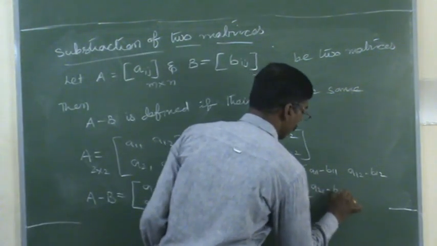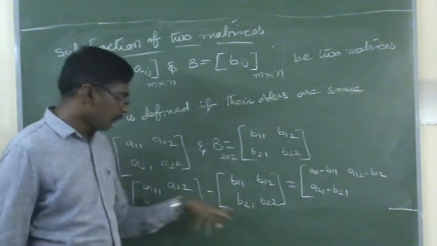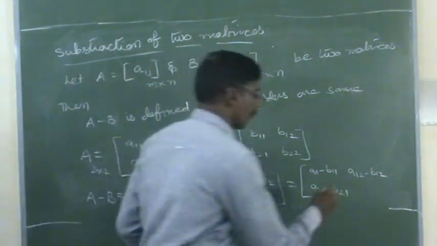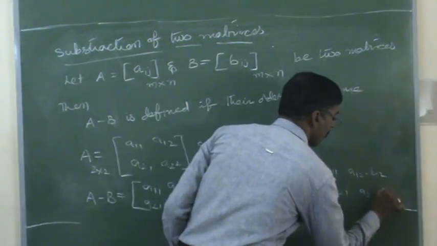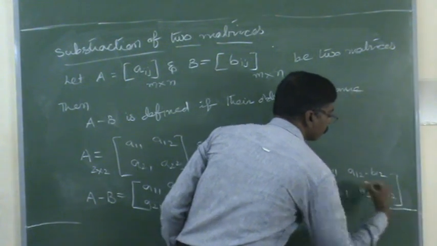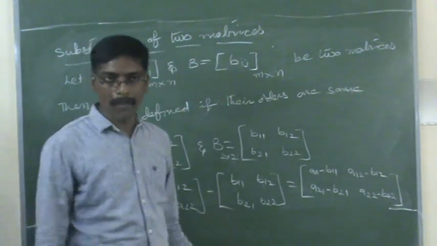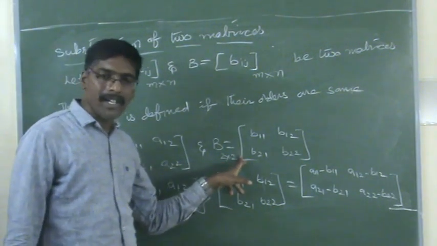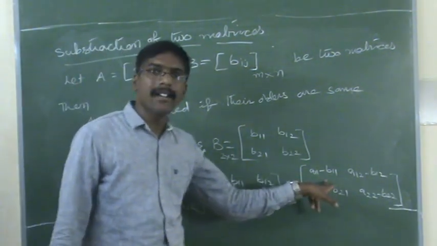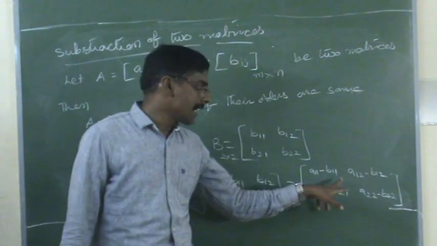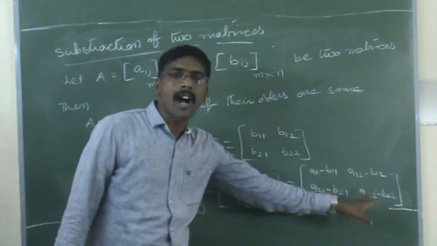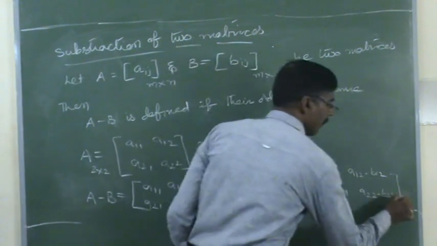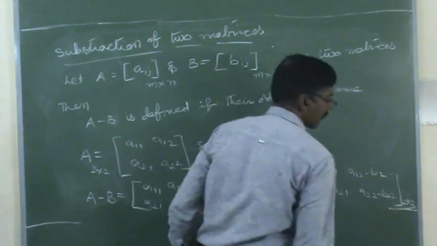A22's corresponding element is B22, so A22 minus B22. Here matrix A order is 2 by 2, matrix B order is 2 by 2, and the resultant matrix after subtraction is also 2 by 2. This is very, very important for subtraction of the two matrices.